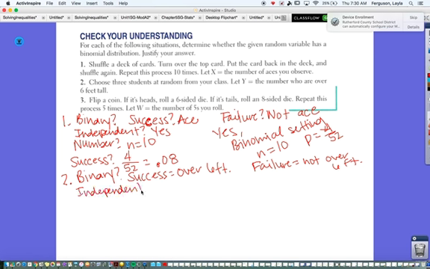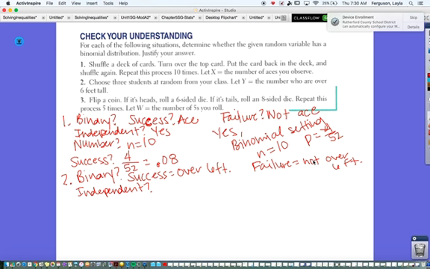The next one is independent. So does one affect the other? If you think about this, if we choose a student from class and that person is over 6 feet tall, then the probability that the next person is over 6 feet tall just went down because we're not putting that person back in our stack to choose from.